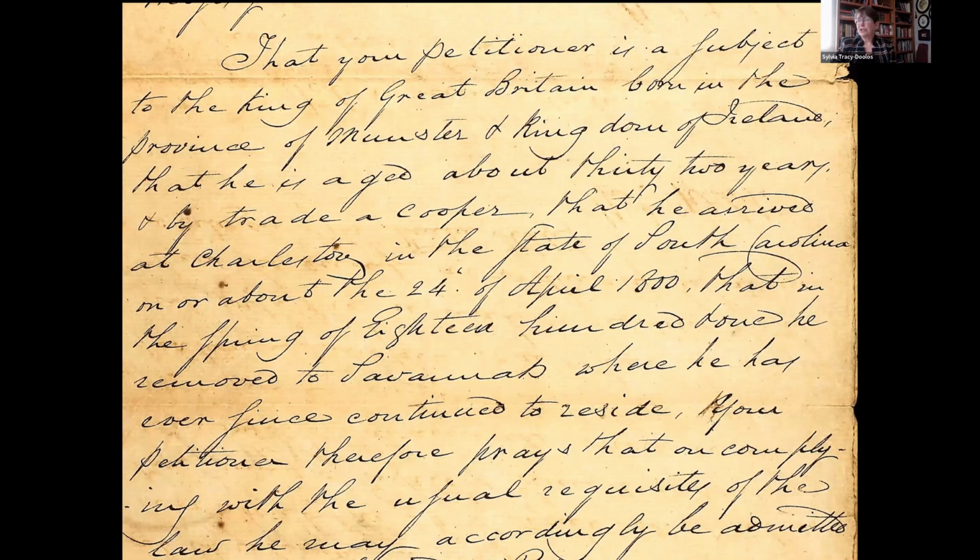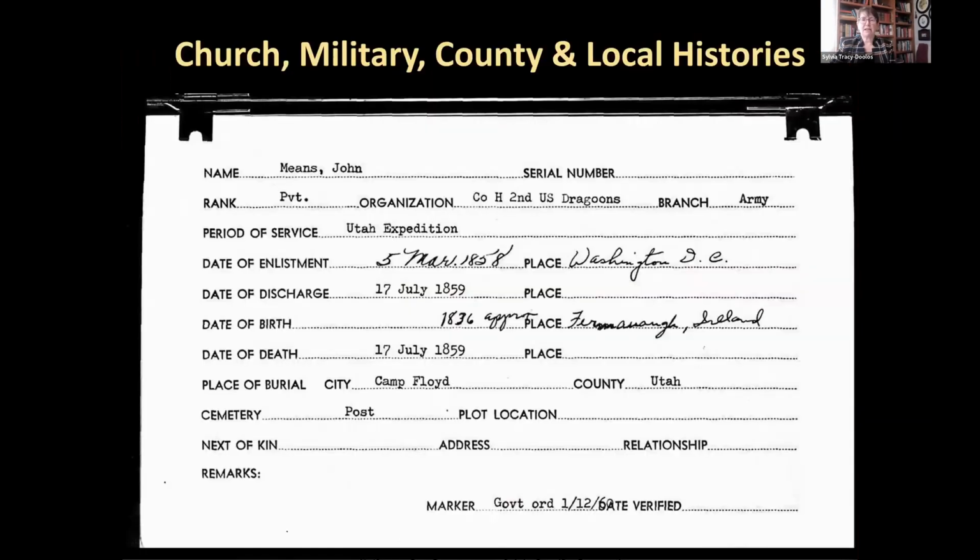But it says that your petitioner is a subject of the King of Great Britain, born in the province of Munster and Kingdom of Ireland, that he is aged about 32 years and by trade a cooper, that he arrived at Charleston in the state of South Carolina on or about the 24th of April. So he's giving a lot of detail in this, and this, again, is a state record of naturalization. So a positively wonderful resource if this happens to be your family.